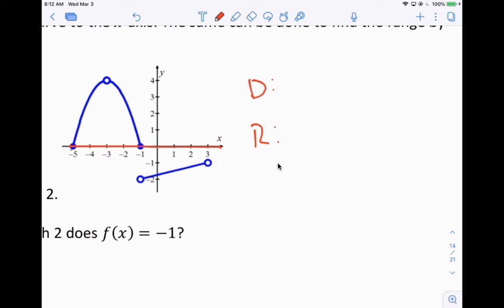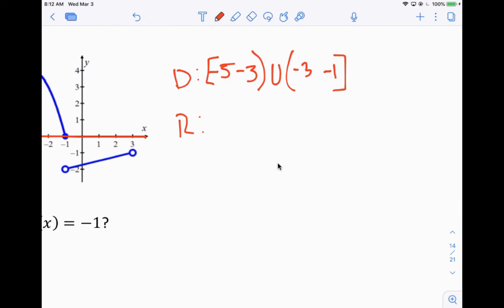It starts at -5, includes it, and then it goes up, up, up, up, up. It goes back, back, back to -3 and does not include it. It jumps over -3. And it goes from -3, like really, really close, not actually touching -3, down to -1 and touches it. But wait a minute, it doesn't actually stop there.